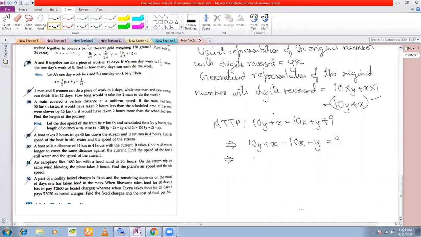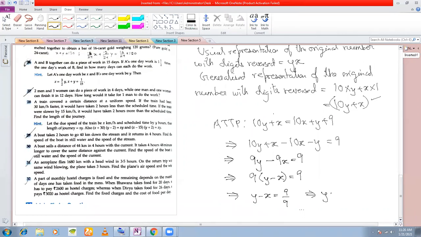Okay. So 10y minus y is 9y, minus 9x, is equal to 9. That means you can take 9 common here. y minus x is equal to 9 by 9, which is 1.